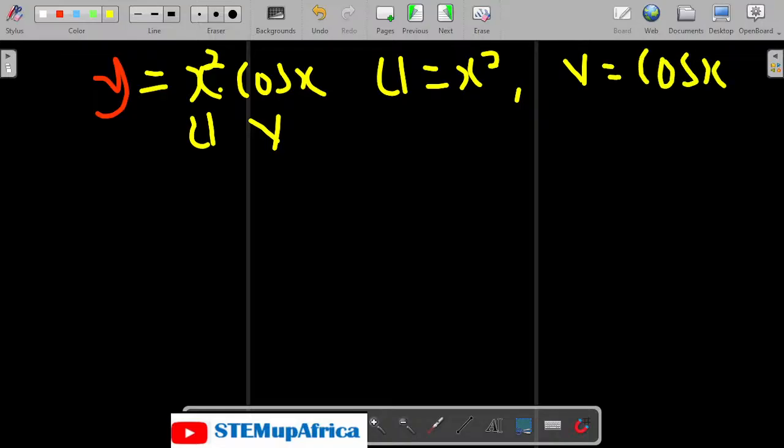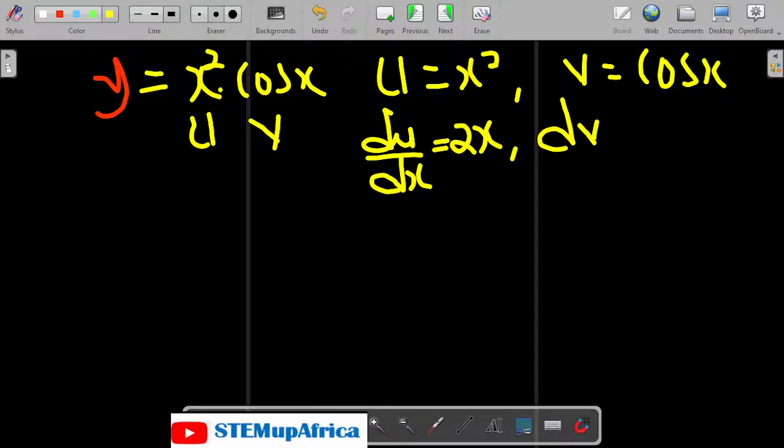If I differentiate u with respect to x, I'm going to have du/dx, which gives us 2x. If I differentiate v with respect to x, I'm going to have dv/dx, which gives us minus sine x. Differentiating cos gives a negative sign.